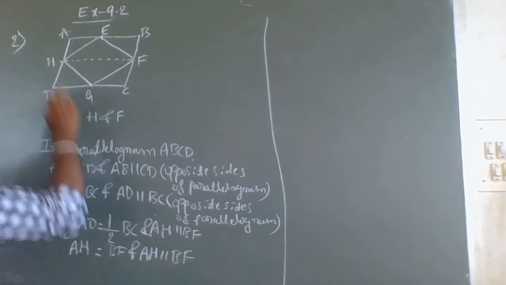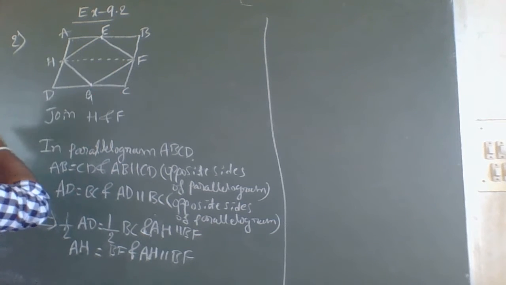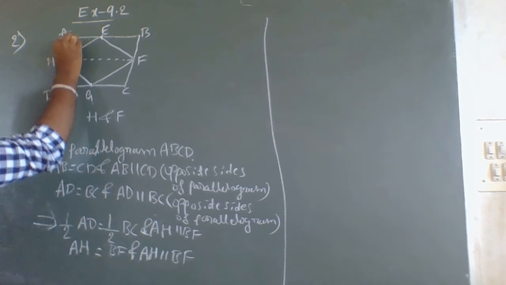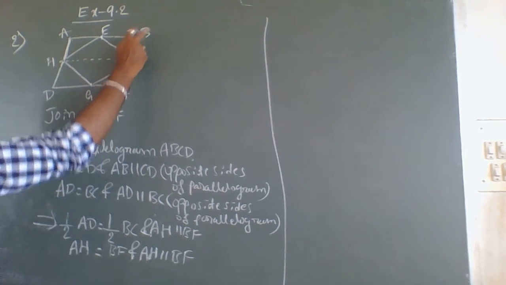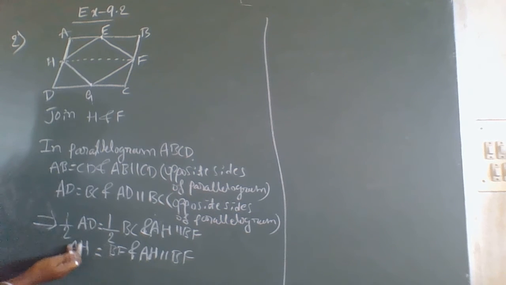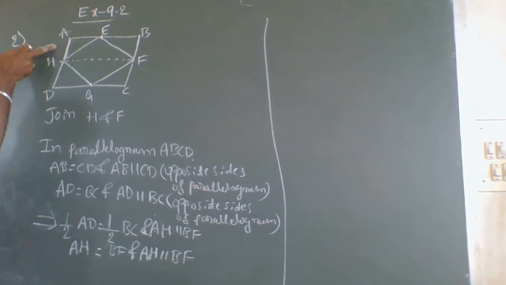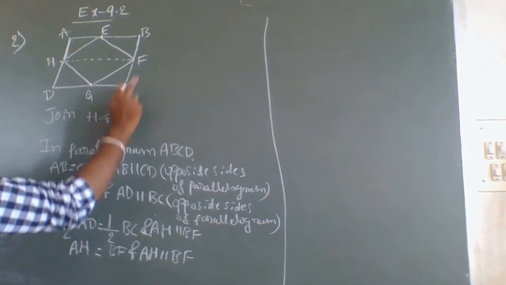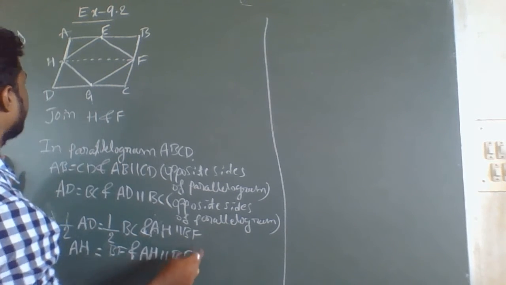Why is AH parallel to BF? Because we know that AD is parallel to BC, and this AH is part of AD and BF is part of BC. Therefore, AH is parallel to BF. Half of AD we have written as AH, and half of BC we have written as BF. Why? H and F are midpoints of AD and BC.